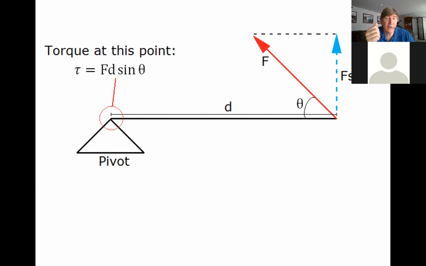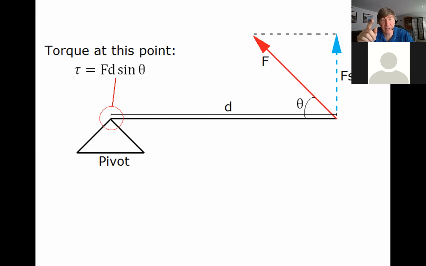The correct way to calculate how much torque, how much twisting force is going to be exerted is given by this equation right here. This fancy looking T that you see here, it looks like a cursive T, that's actually the Greek letter tau. And that's what's usually used for torque.